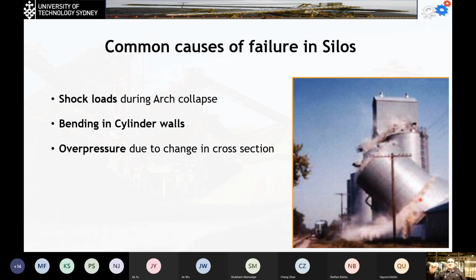Once again, it's just galvanized plates fixed using bolts. These bolts are designed to hold the system, but they are not strong enough to take the shock, and they will be damaged. Also, we may have bending in the cylindrical wall, and overpressure due to the change in the cross section of the material.